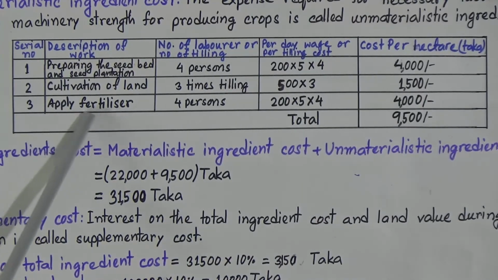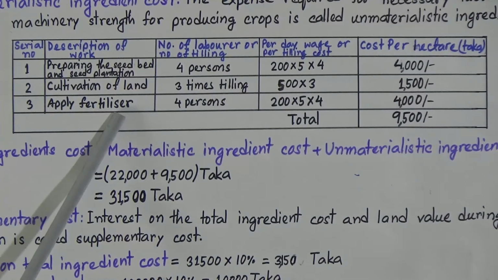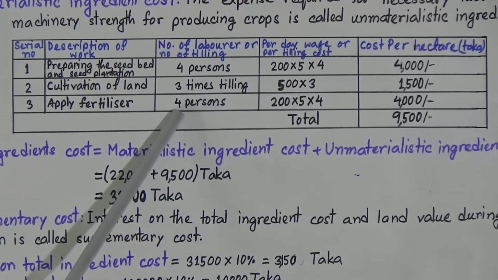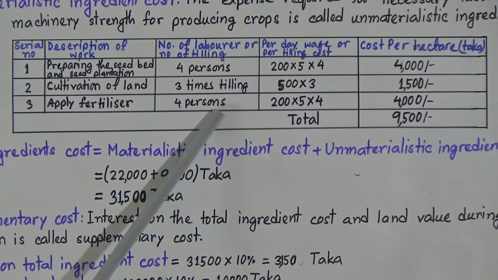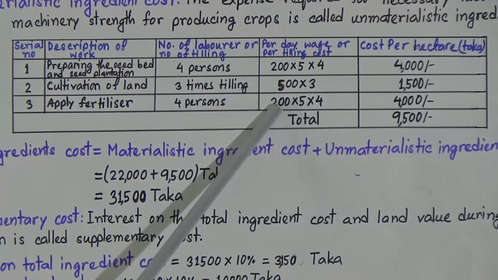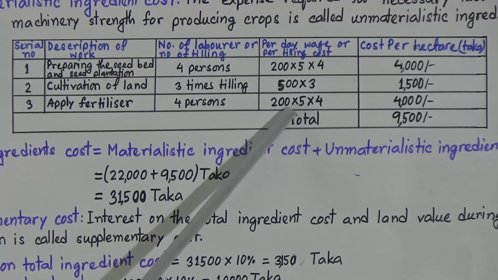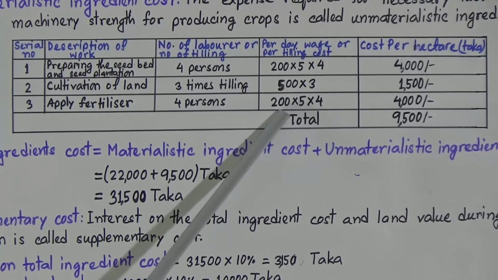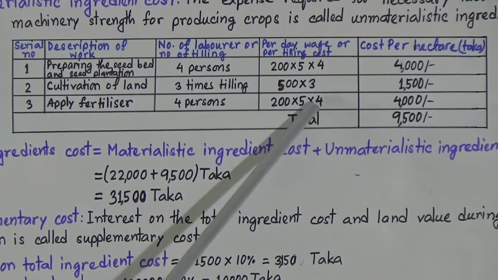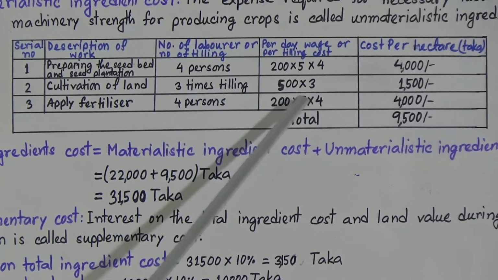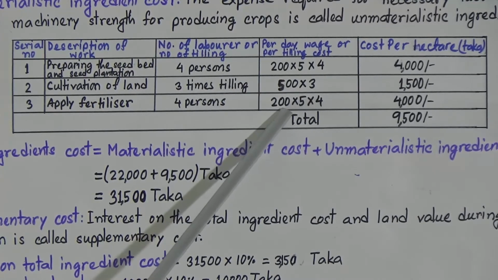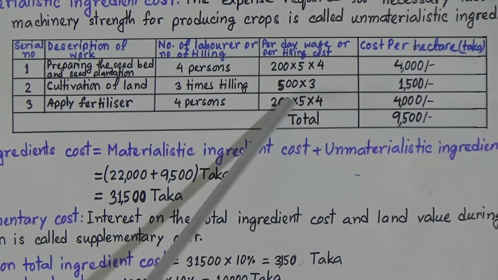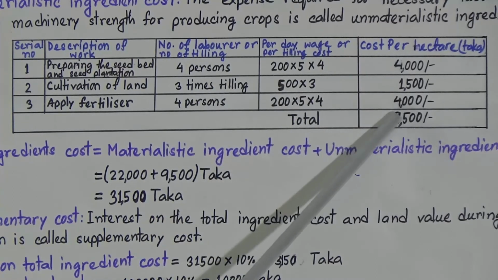Next one, apply fertilizer. For applying fertilizer in our land we will hire 4 laborers or 4 persons, and just like the first one we will multiply 5 days with 200, and then multiply by 4, and we will find 4000 taka.